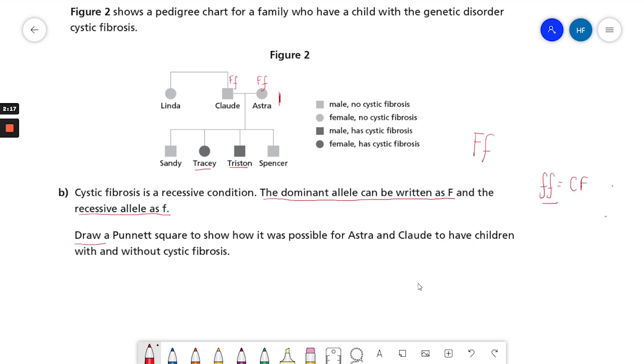Okay, so let's start putting together a Punnett square. A really good way of starting is drawing your grid lines.